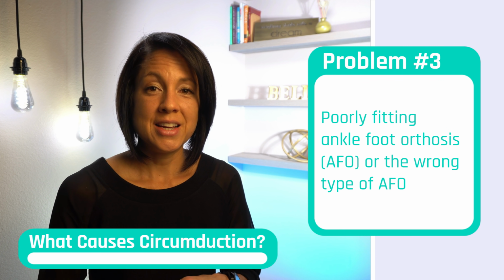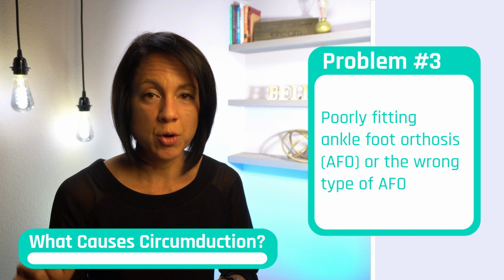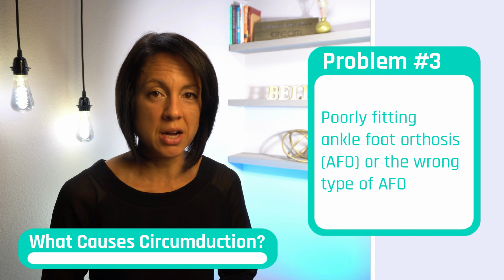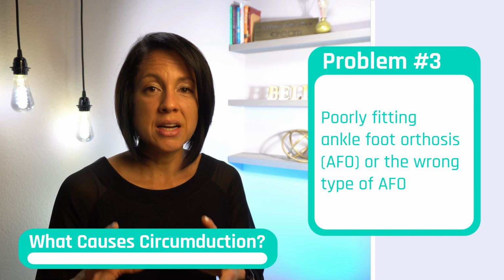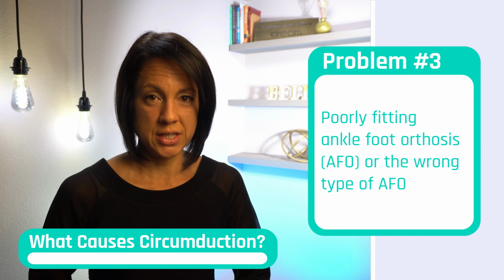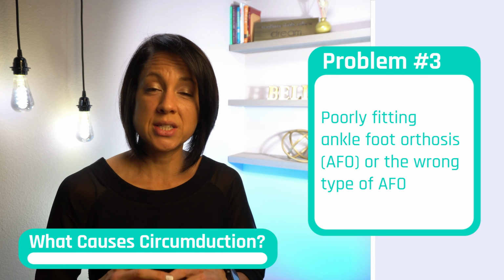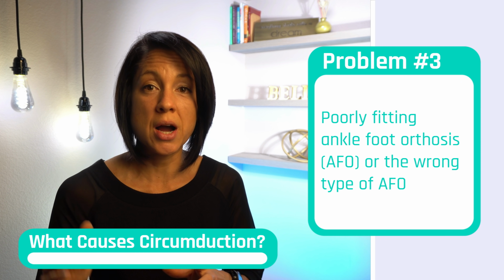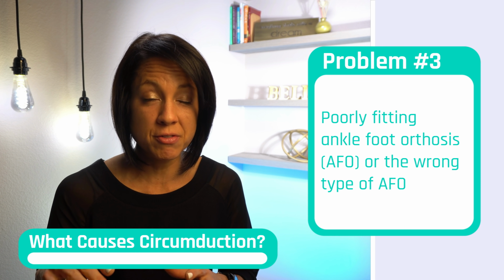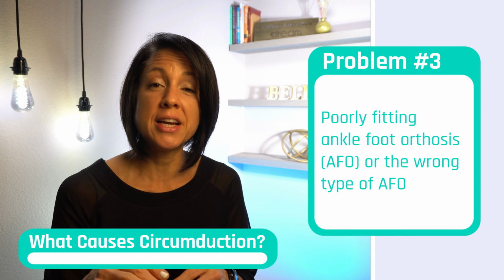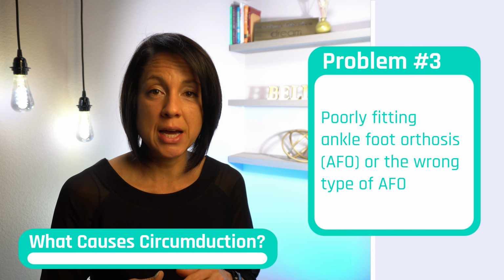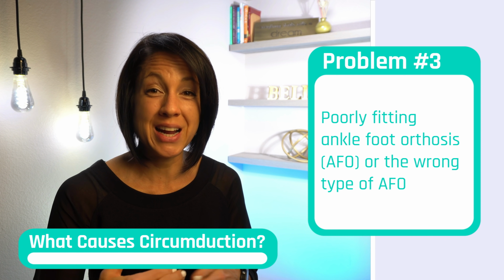Another thing is the wrong brace. If you're wearing a brace for foot drop and you have spasticity, it is not going to stop your foot from pointing. Most braces that are designed for a true drop foot, meaning a floppy foot, are not designed to keep the foot flexed up. And when you go to lift that leg up, you're going to point inside that brace, or you're actually going to point your foot out of the brace.